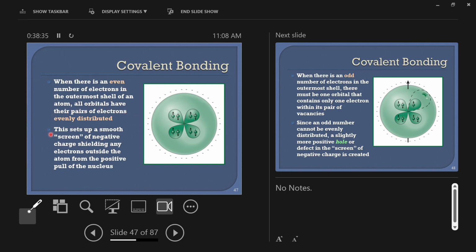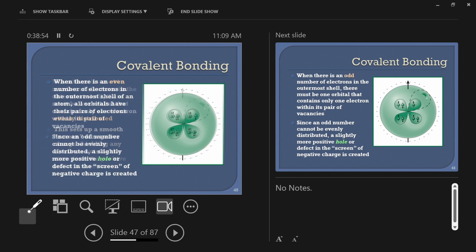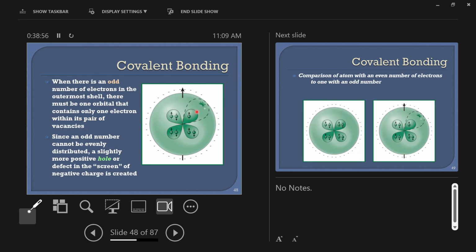With this, when there's filled orbitals, there is now an equal amount of negative charge around the entire atom. The atom is equally negatively charged around the whole outside, giving it that negative screen of charge and now allowing the atom to bump up against things and not bond with it, okay? However, if one of the suborbitals is missing an electron because the atom has been ionized, right?